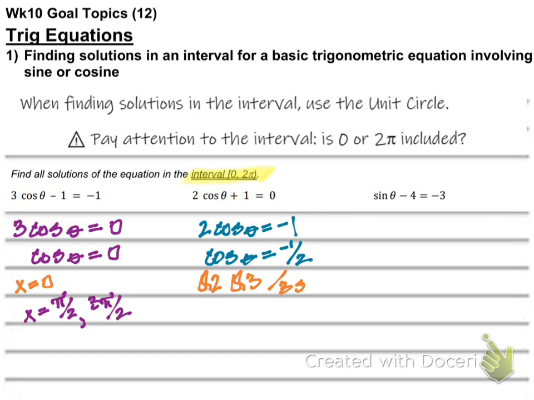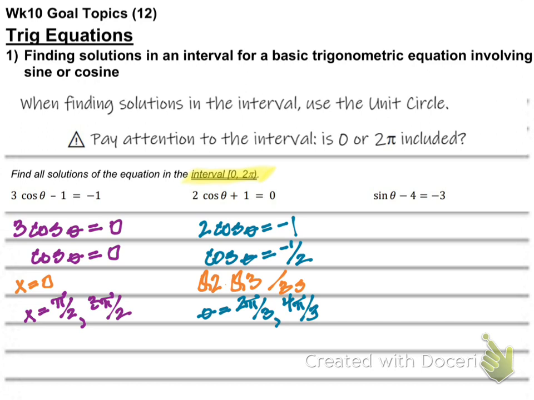So now we say, what is my over 3 in quadrant 2? That's 2 pi over 3. And my over 3 in quadrant 3 is 4 pi over 3. So we're just isolating that trig and then going to the unit circle.